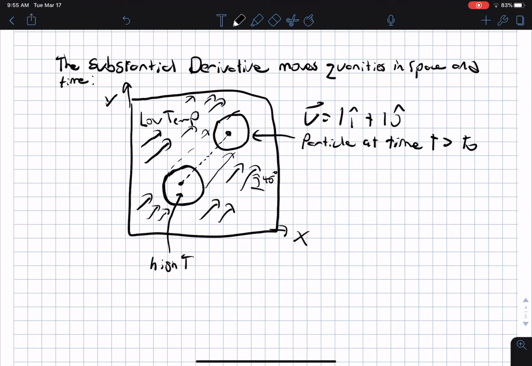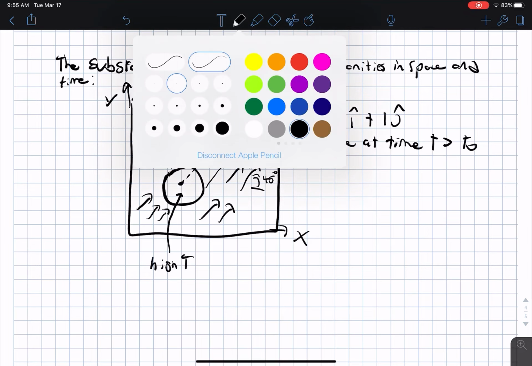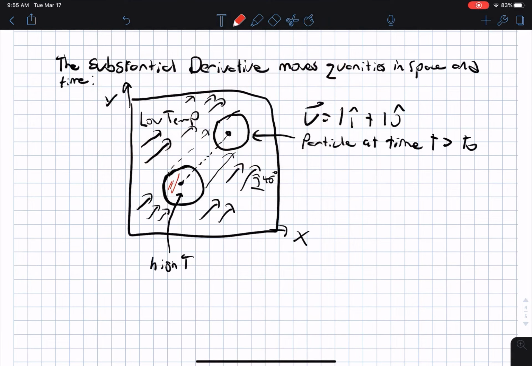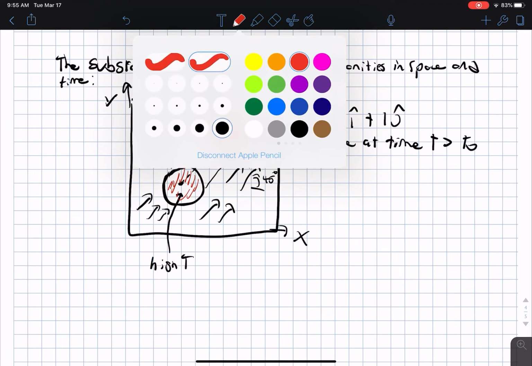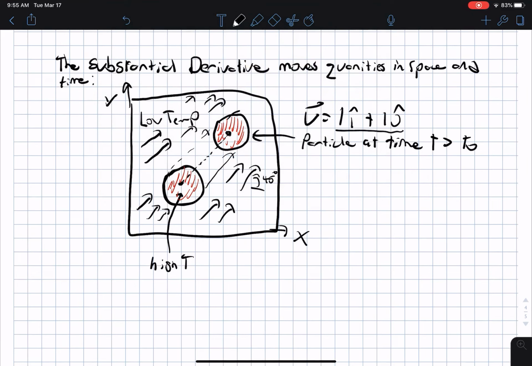Okay, and so all this did was take this high temperature blob, and if we just called it a particle, and we move that particle upwards with this velocity field here, this fluid particle will just move up and to the right at a 45-degree angle.